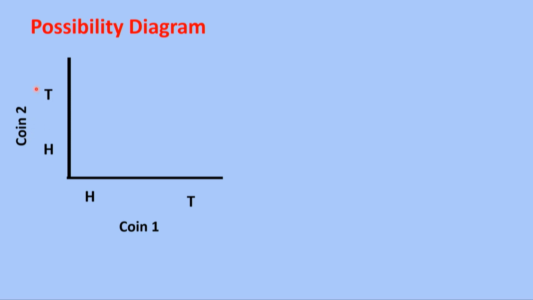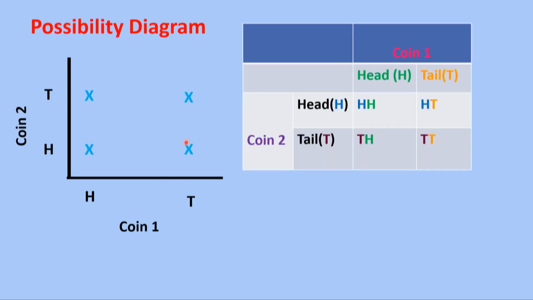Now, when the 2 coins are tossed together, I can obtain head, head, or head, tail, or tail, head, or tail, tail. I can write it in this way. The first coin will have as possible outcomes head, tail. The second coin will have as possible outcomes head, tail.